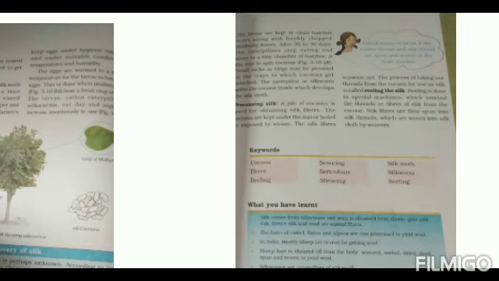Reeling is done in special machines which unwind the threads or fibers of silk from the cocoon. Silk fibers are then spun into silk threads, which are woven into silk cloth by weavers.